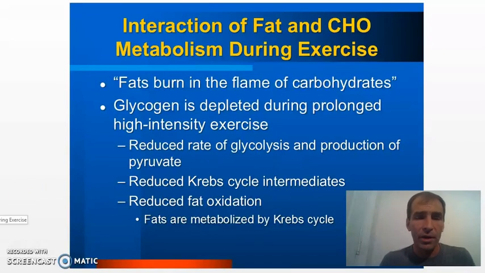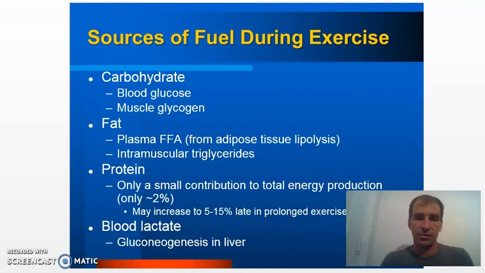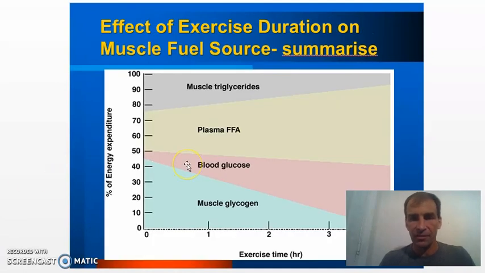Now, one of the things we can grasp from this, and let's look at this graph right here, this kind of sums it up, is that as we go to longer duration activity, which obviously requires a little less intensity, we can't operate at 100% intensity for 2 hours. It's not possible. So if we're going to increase duration, we have to decrease intensity. Well, as we do that, not surprisingly, we're using more and more free fatty acids, FFA. The amount of that utilized to form ATP becomes much greater.